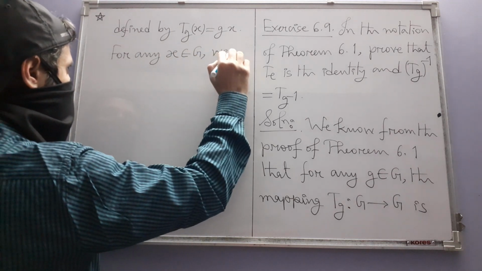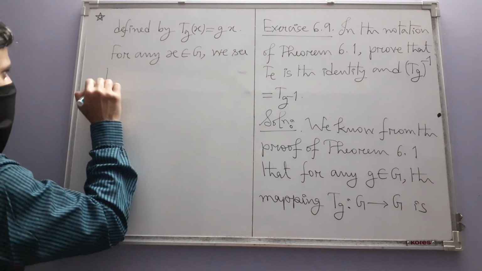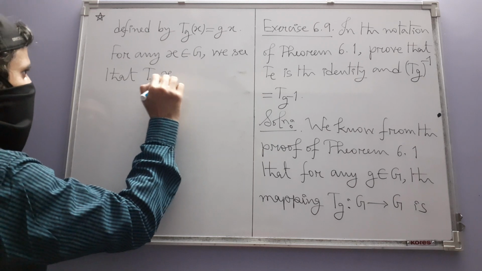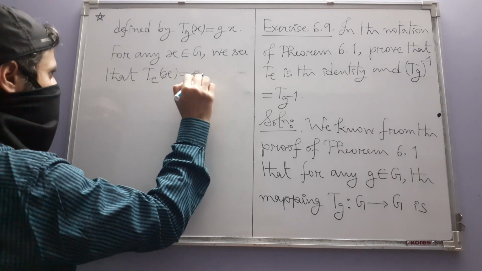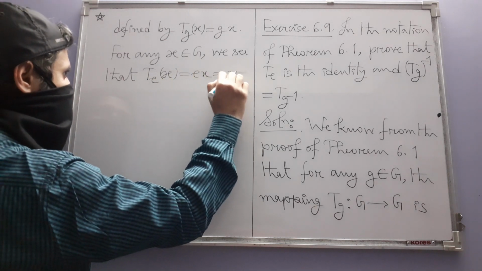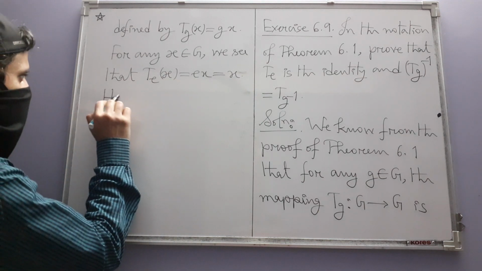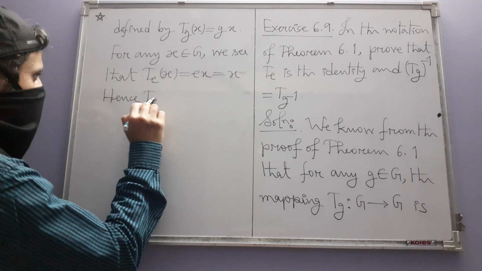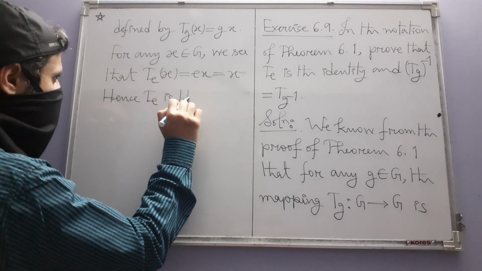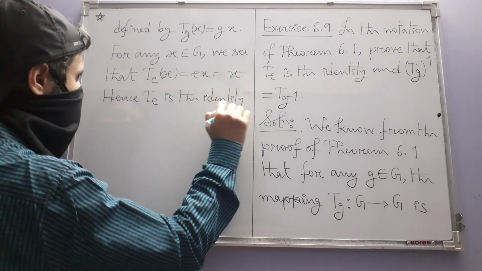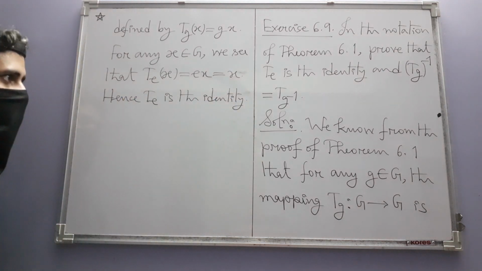We see that T_e of x is ex, that is equal to x. Hence, T_e is the identity.